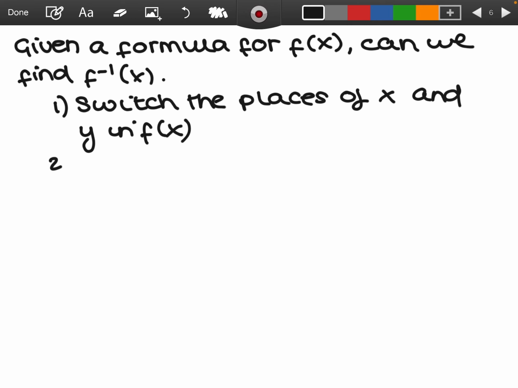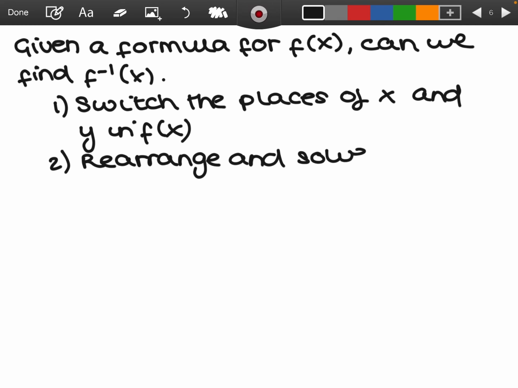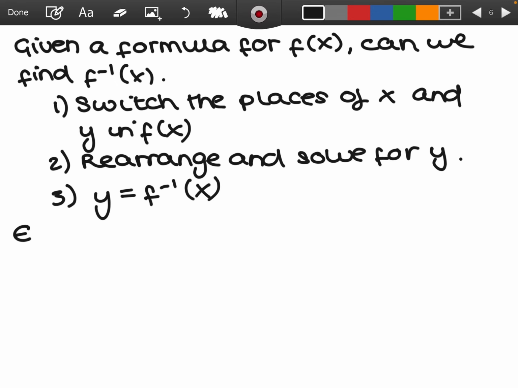So everywhere I see a y, I'm going to put x. Everywhere I see an x, I'm going to put y. The next thing you're going to do is then rearrange and solve for y. And then whatever you get for y is the inverse of x.